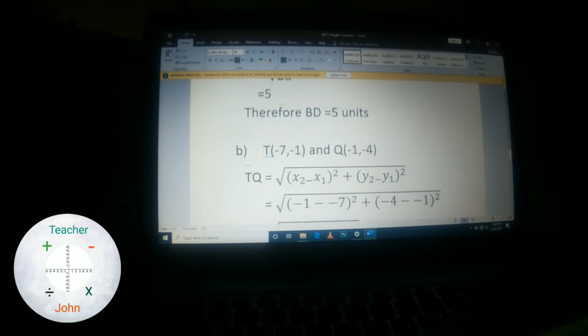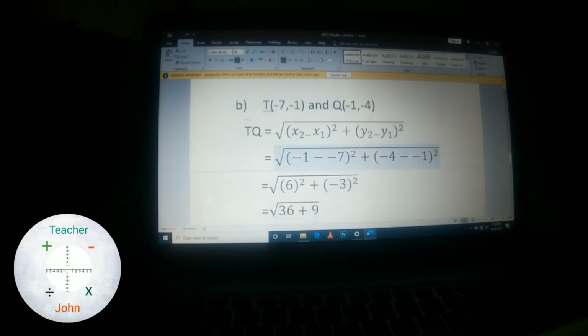So on the second question, we have T. They gave us -7, -1, and 2, -1, -4. We also put it in the same equation here. We replace the x2 and the y2, because x2 is -1, and we have x2 minus x1. x2 is -1, x1 is -7.